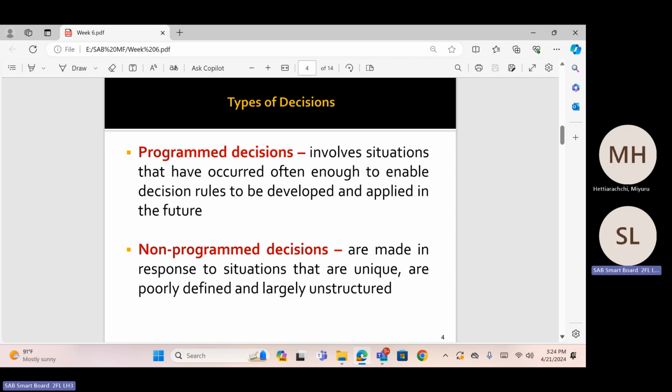One may be plan, no? Plan decisions. Then another would be structured. Structured decisions. Another would be short term. Looking at the time period, short term decisions.